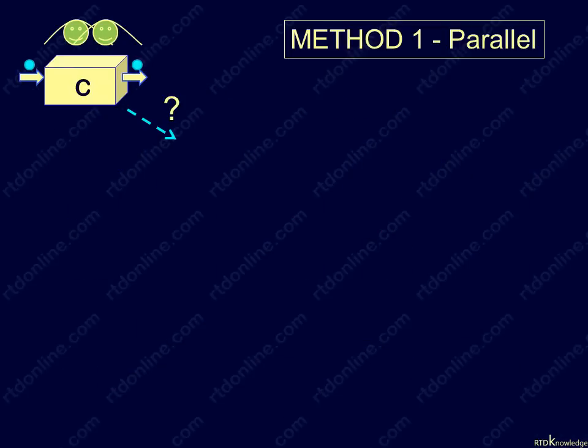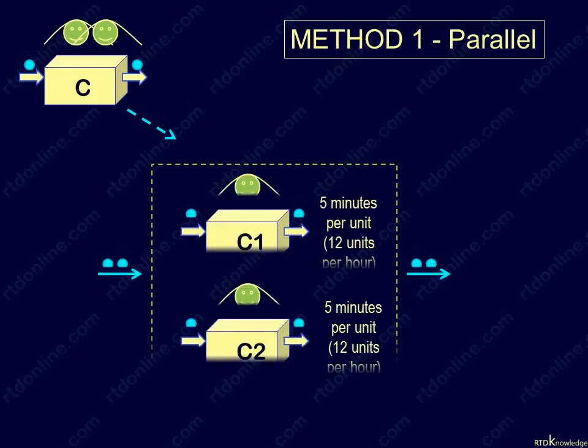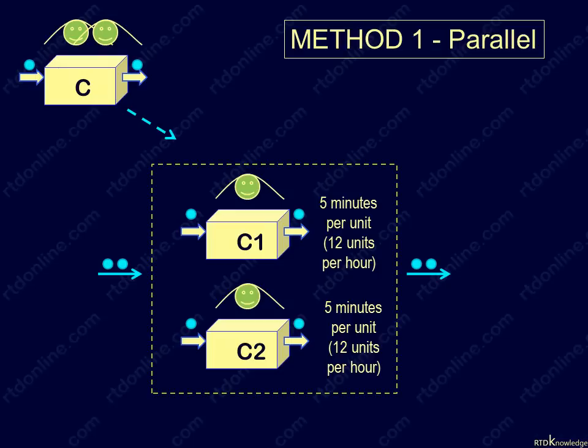You may wonder how two operators can work together in one workstation. There are two methods, the non-sharing or parallel method and the sharing method or sequential method. Let's examine the first method. Here you set up a second workstation that's exactly the same as station C. Each one, let's call them station C1 and C2, will have an operator and a 5-minute cycle time.